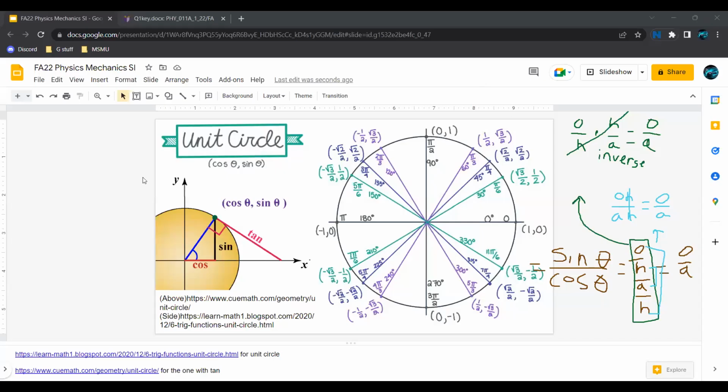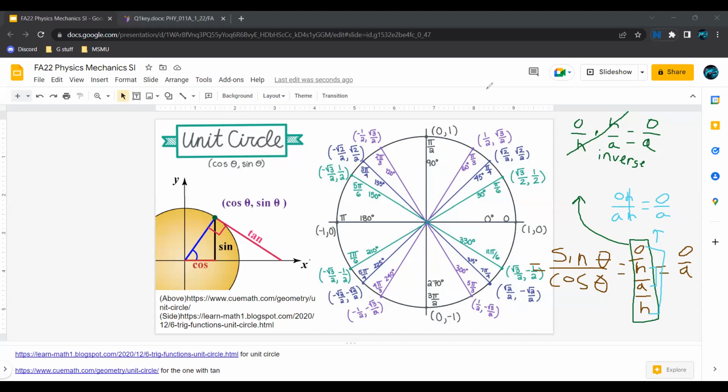This is also shown by this image with the unit circle, because you have cosine in the x direction and sine in the y direction. That's useful especially when dealing with 90 or 180 degrees. If theta is 90 degrees, then that's 0 along the x-axis, so cosine would be 0 because cosine is x.